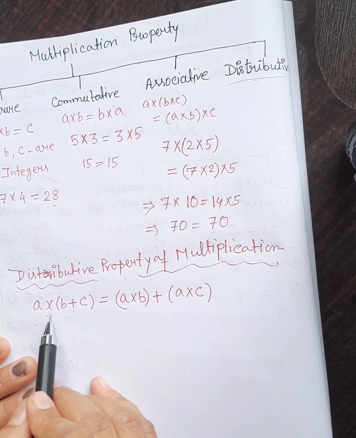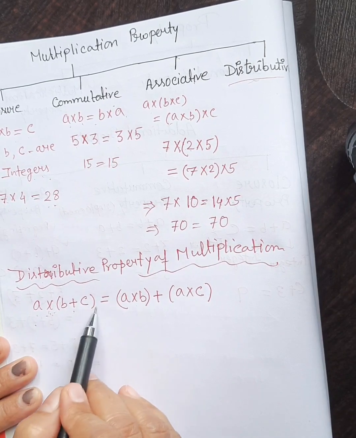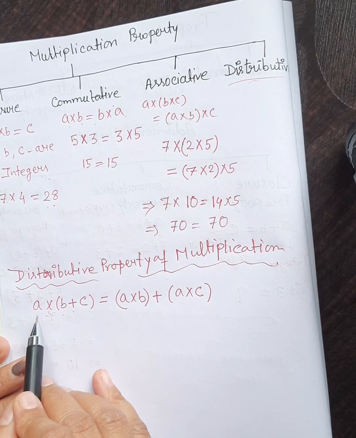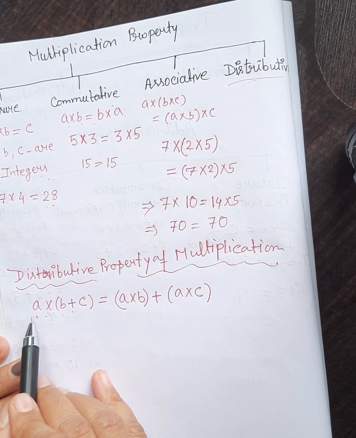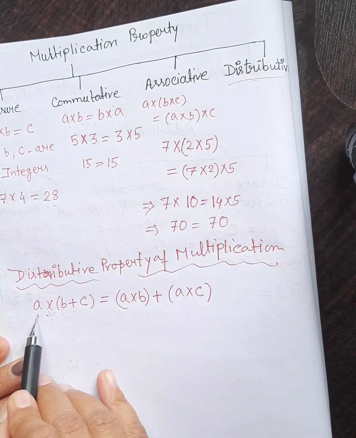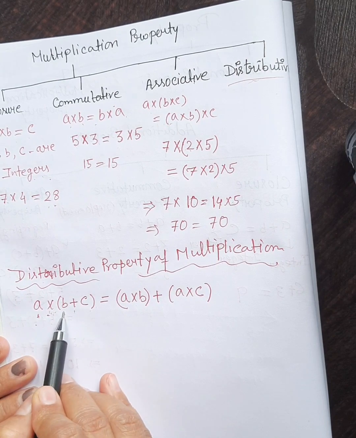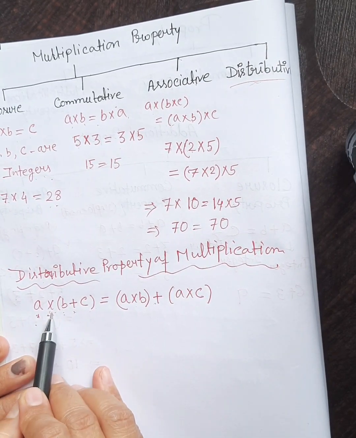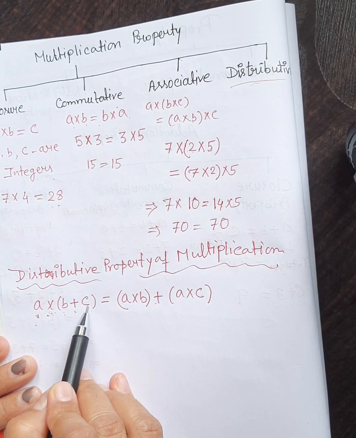That means the outer part of the first bracket, what is the integer? A. That means first we multiply the first integer with the second integer, then the addition sign, then the first integer multiplied with the third integer.